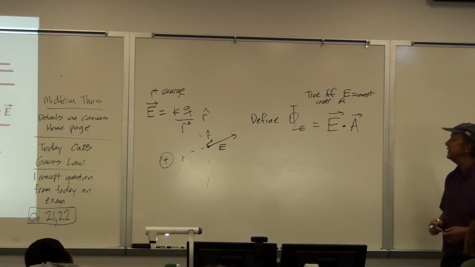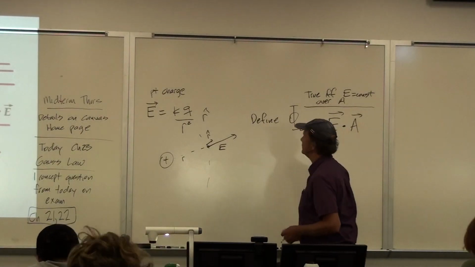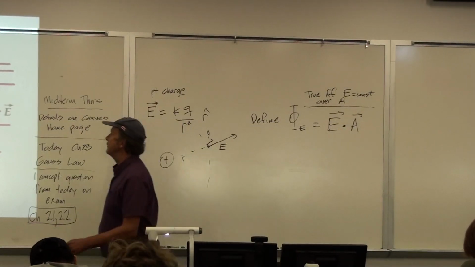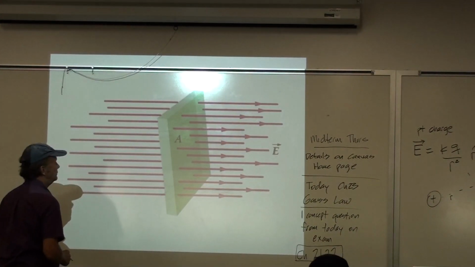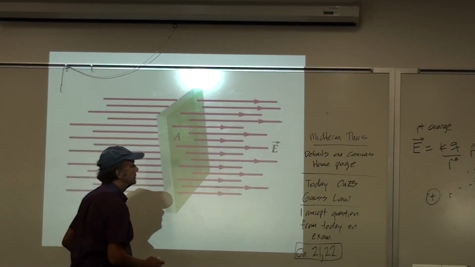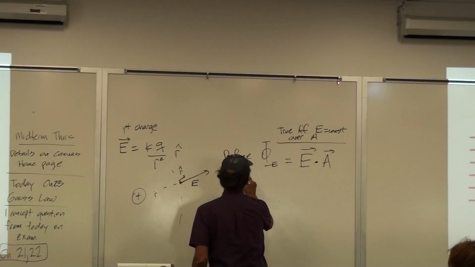This is the simplest way to get started with the definition, is to look at this special case situation where we've got a constant electric field over an area. And so the flux then is a measure of electric field intensity.